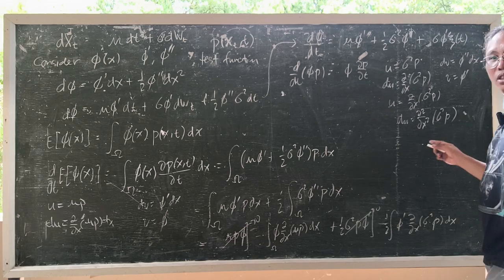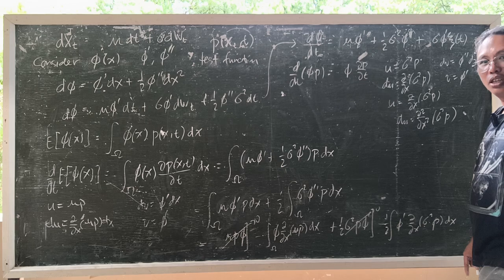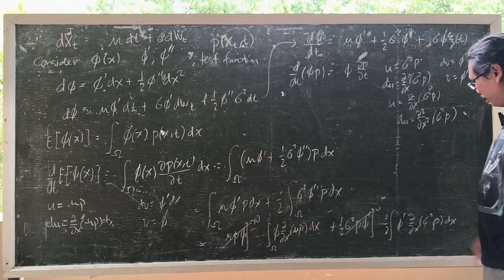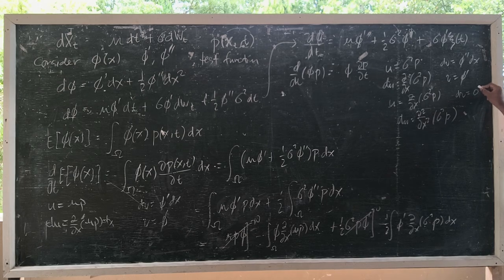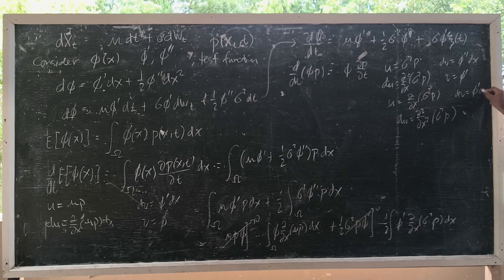So, hopefully it is still clear here. Here, and of course, our dV would be equal to phi prime dx, or p would be phi.